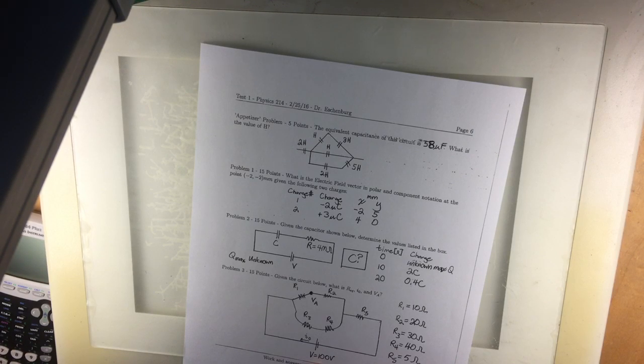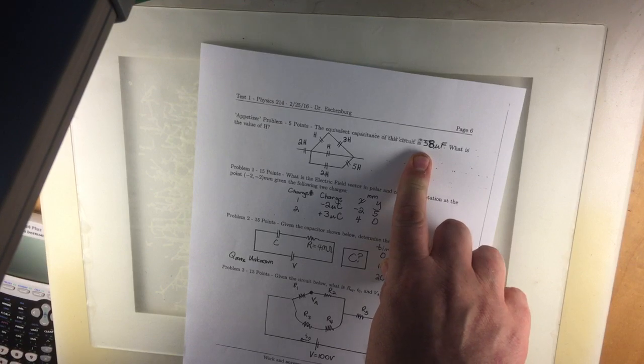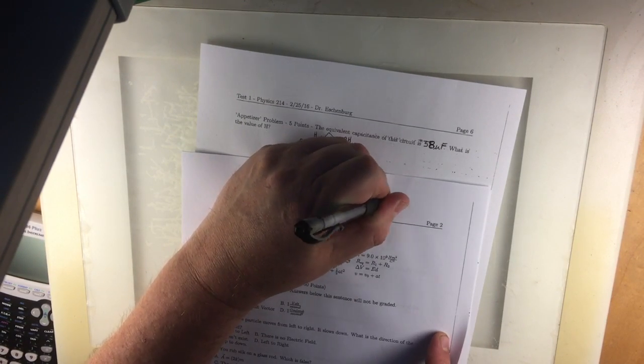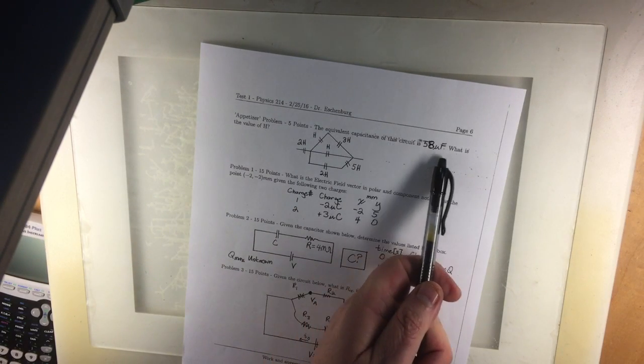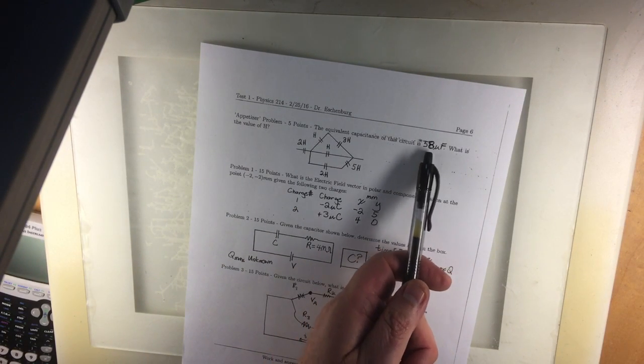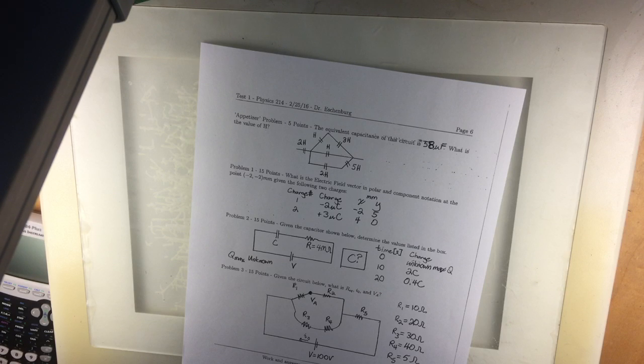So it's either 100 or maybe this, just 58. So this is version 58. Because I know that for this one, see how I hand wrote it in? What I was doing is I was changing the values of the capacitors, and that was the number I was changing for the appetizer. So there we go.